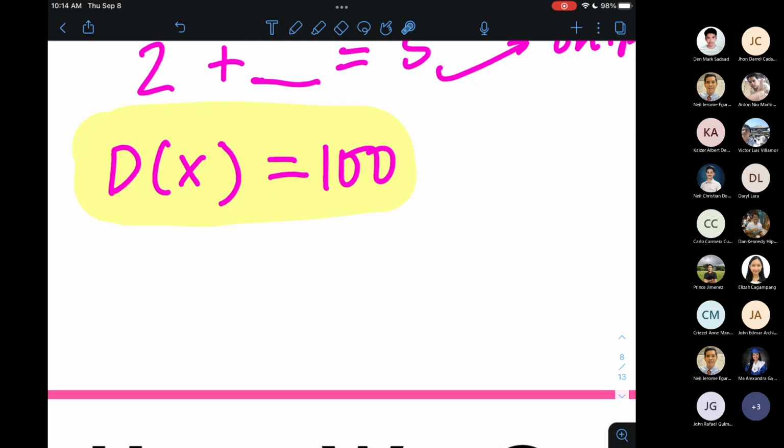Alright? Now, a more interesting inverse problem na siguro na-encounter nyo na sa Math 36 ay halimbawa, what should be the selling price X? So I'm still looking for the input, right? So ibig sabihin, inverse problem pa rin to kasi X yung hinahanap ko. So I need to find X, the selling price X, such that ito yung intended outcome. My intended outcome is that I maximize the demand.